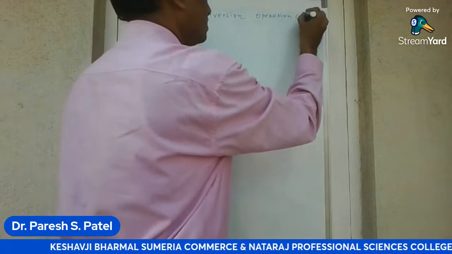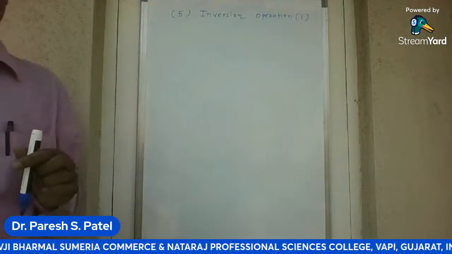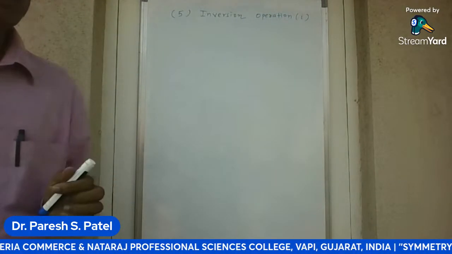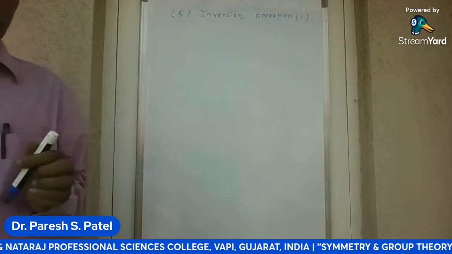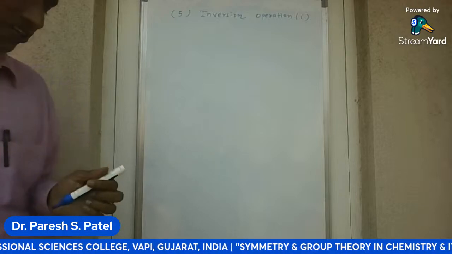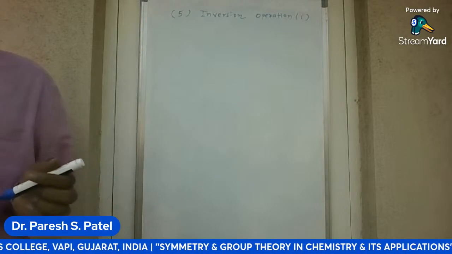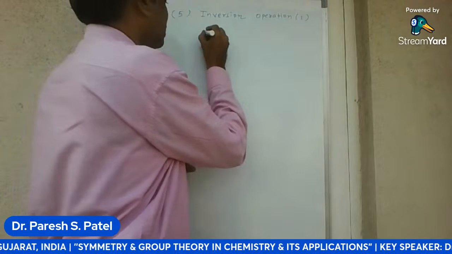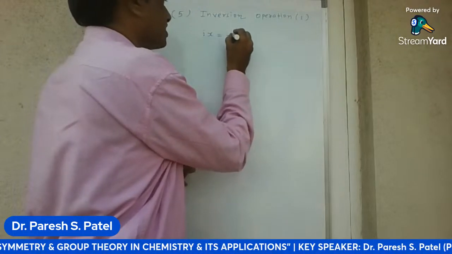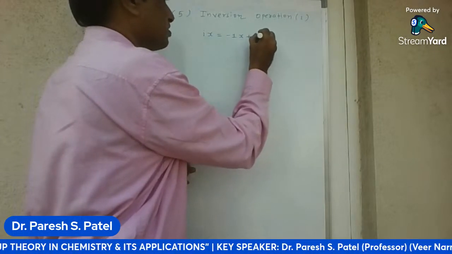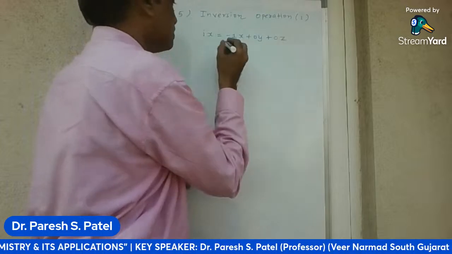This can be represented by small i. Now, what will happen in the case of inversion along the x-axis? x becomes minus x, y becomes 0, z becomes 0.